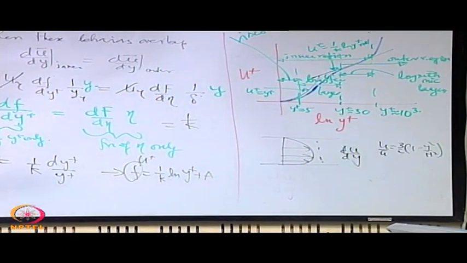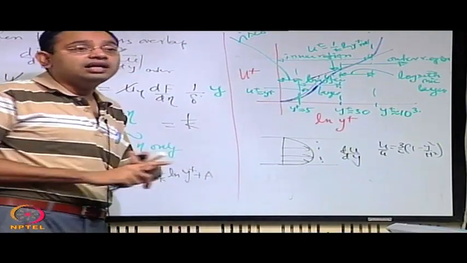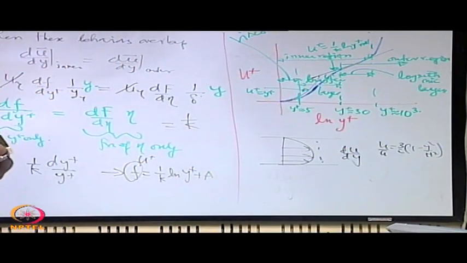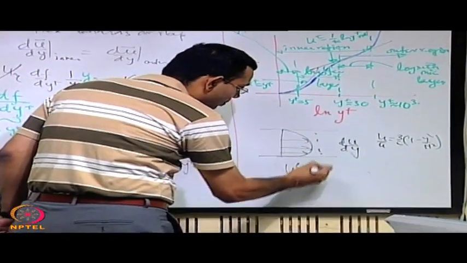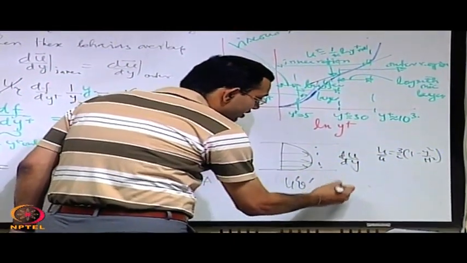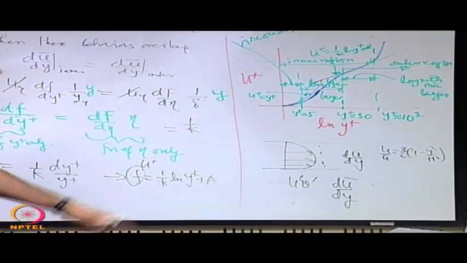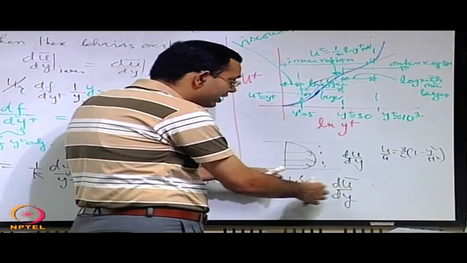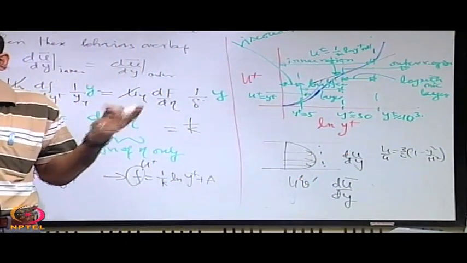But if it is there in a viscous flow, then what happens? Now there is an interesting interaction between the fluctuating velocity components u prime, v prime and the shear in the mean flow, du/dy. When the shear in the mean flow interacts with these, that interaction is by the mechanism of viscosity.